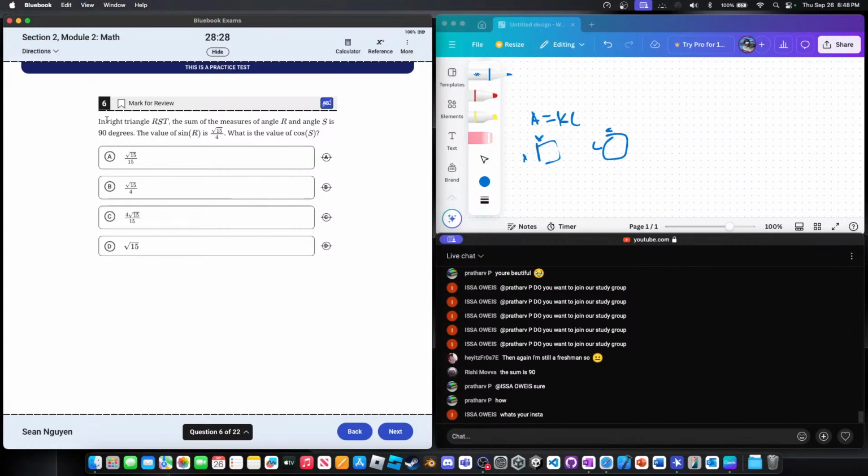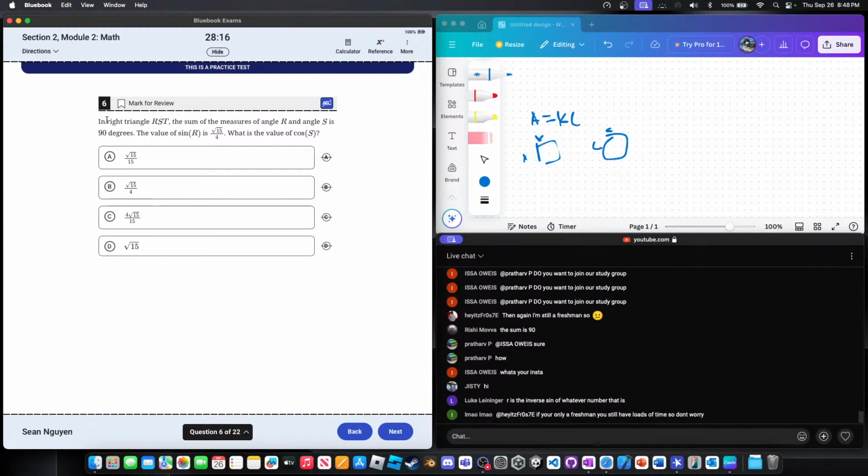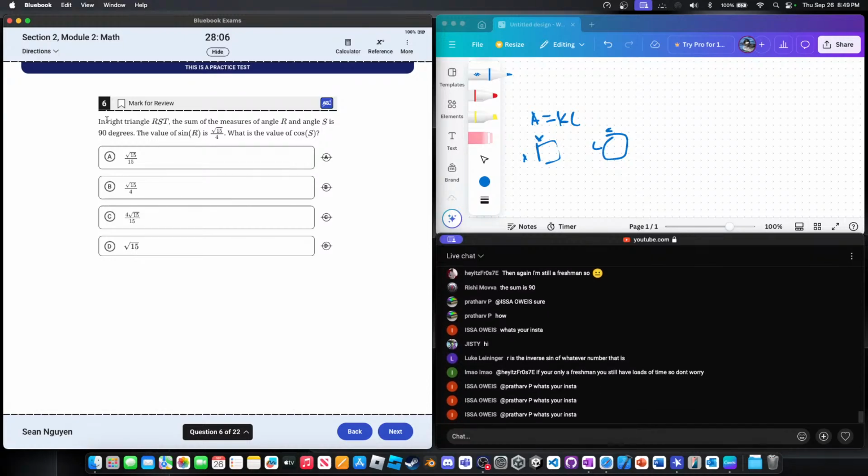Sine R is root 15 over 4. So opposite over hypotenuse. So the opposite of angle R, and our hypotenuse is going to equal 4.